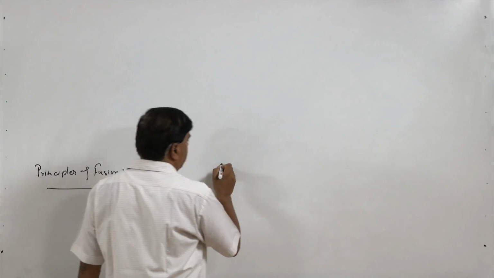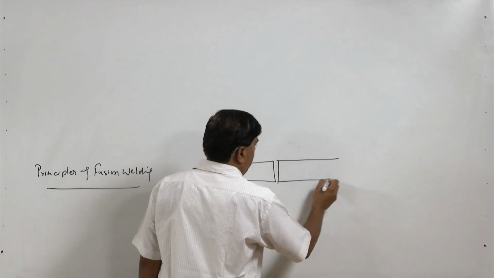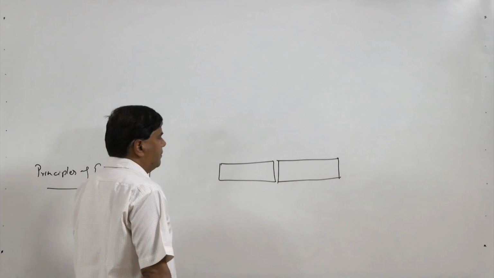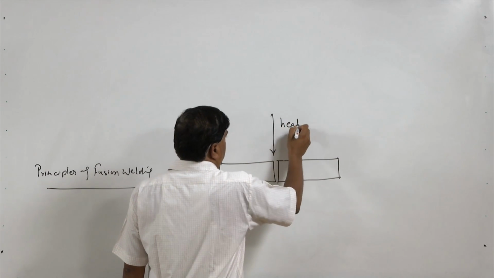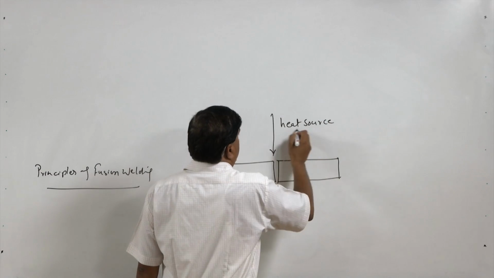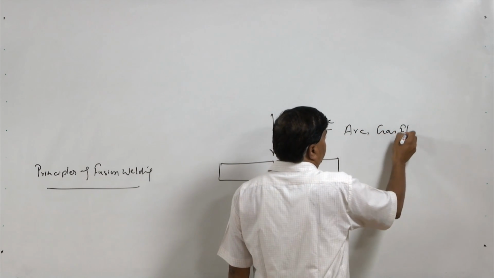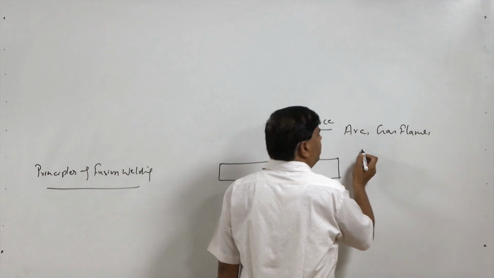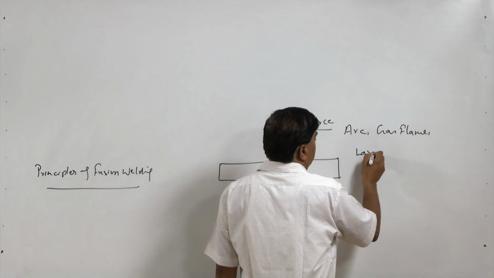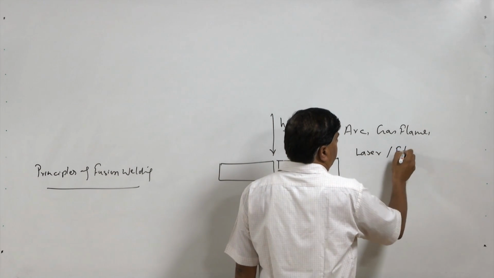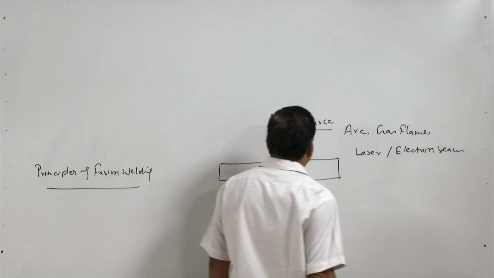Now, the components to be joined, after proper cleaning of the fitting surfaces, a suitable heat source is applied in the form of an arc or gas flame, or, say, the laser or electron beam, and likewise any other heat source.